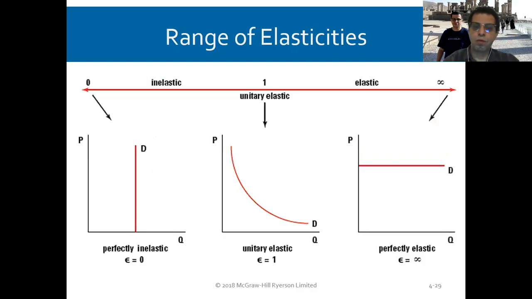So we have what you call inelastic, we have unitary elastic, and we have the full extreme elastic. Is demand, it stays, doesn't change, and if you have increased the price, it's not going to meet, and quantity keeps increasing with the price.